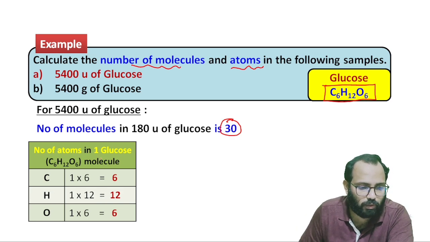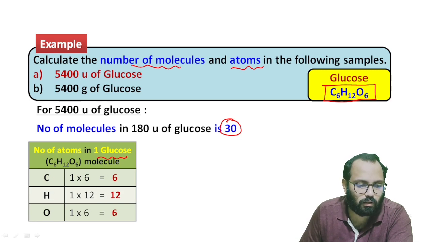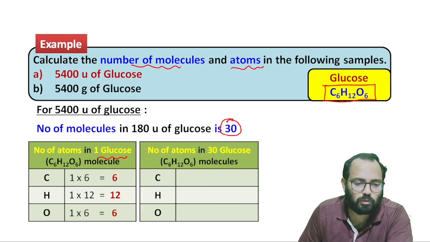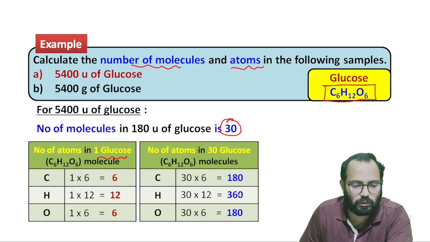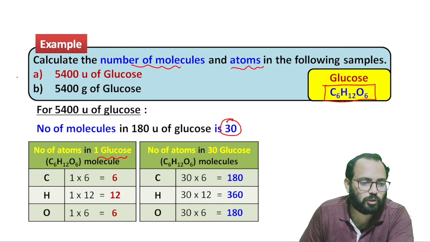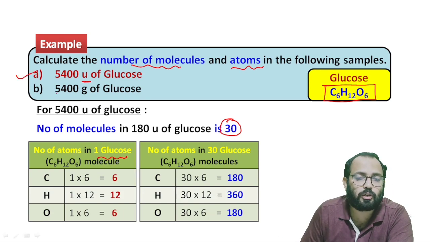But we got 30 molecules. So what will be the number of atoms in 30 molecules? Carbon atoms: 30 into 6, 180. Hydrogen: 30 into 12, 360. Oxygen: 30 into 6, 180. This is how you have to solve if they have given 5400 U.